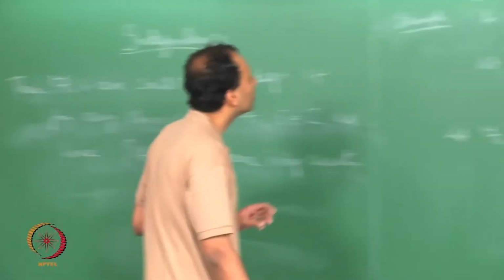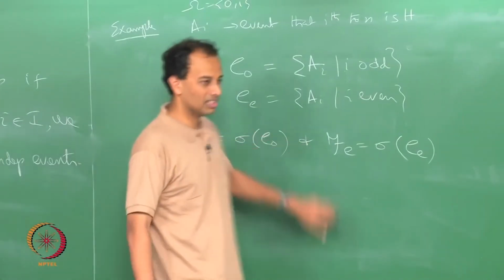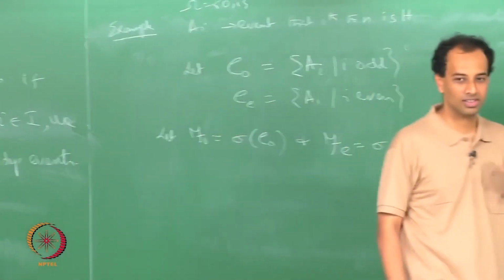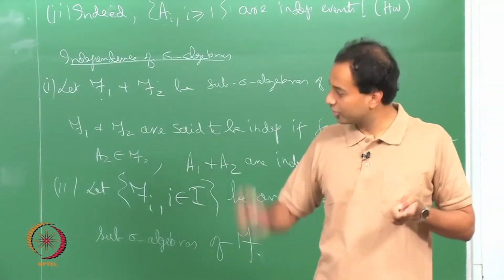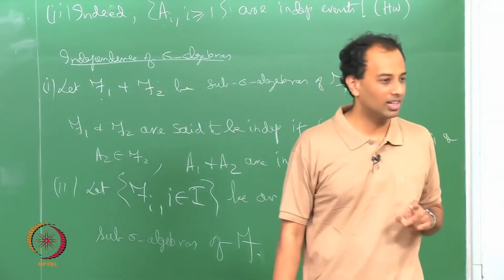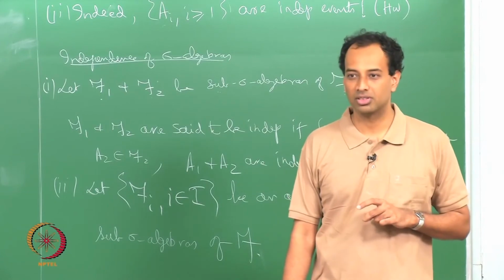You can show that F_O and F_E are sub sigma algebras of what we called F, which requires a proof, and you can show that F_O and F_E are in fact independent sigma algebras.